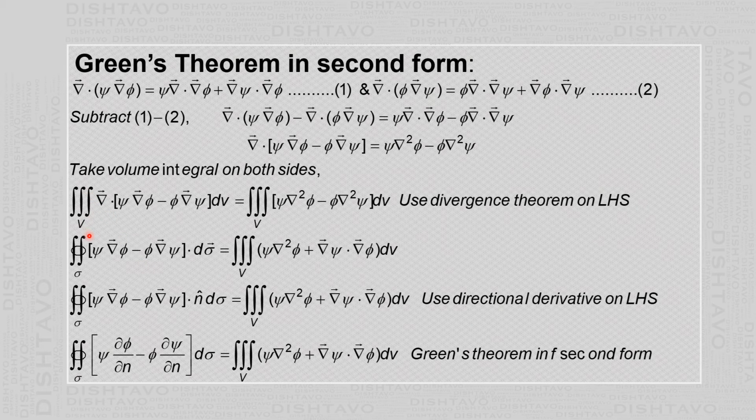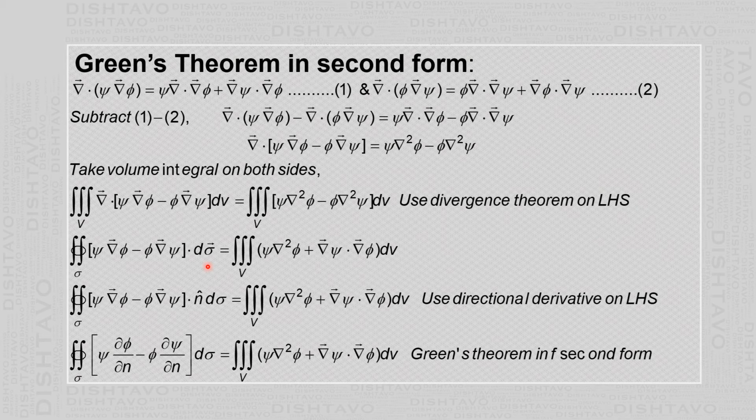So this volume integral of the divergence of the function, we replace it by the surface integral of the function. So the function here is psi grad phi minus phi grad psi, and that vector d sigma is the increment which is to be there in any integrand.